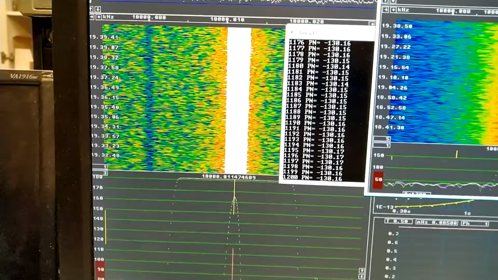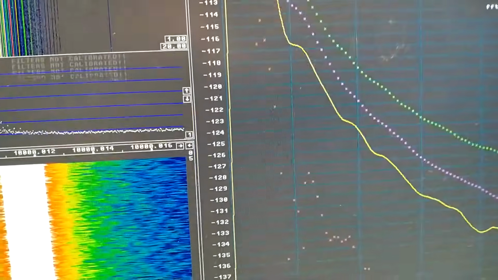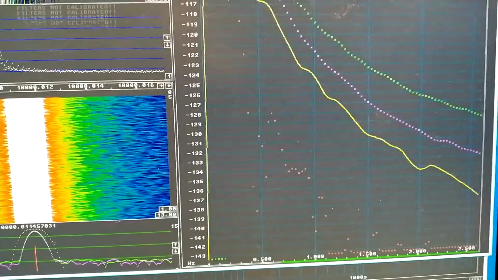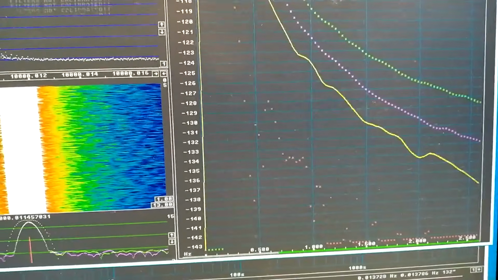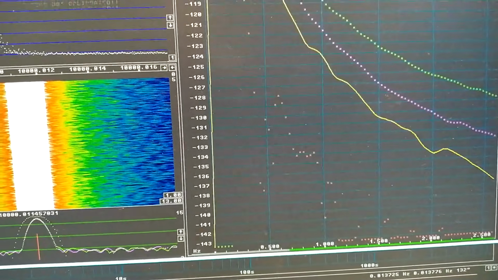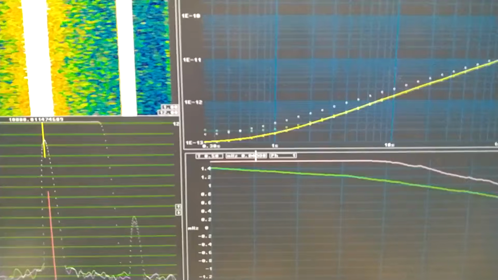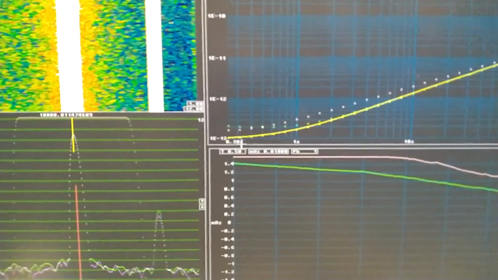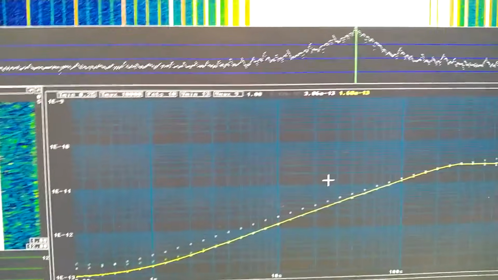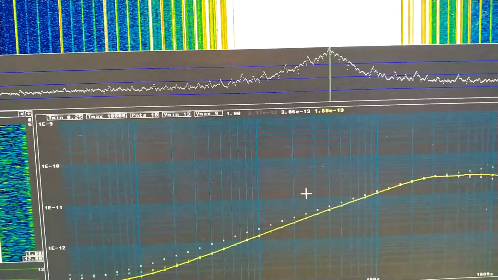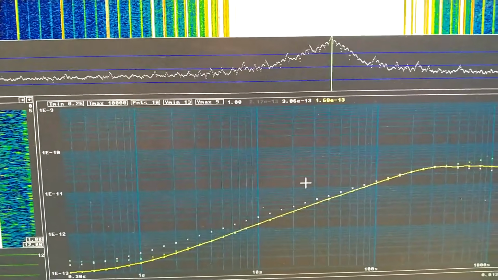So there is no significant difference. The phase noise at 1 hertz, according to Linrad, is minus 124 dBc per hertz. The Allan deviation at 1 second is 1.7 times 10 to minus 13.